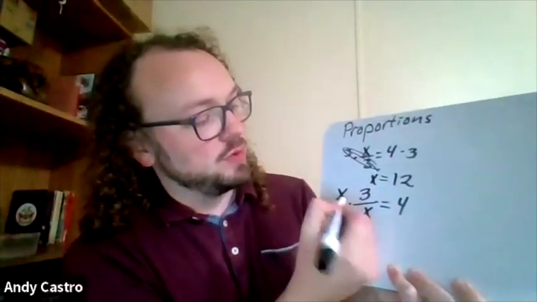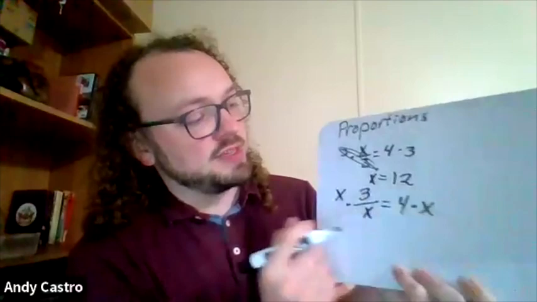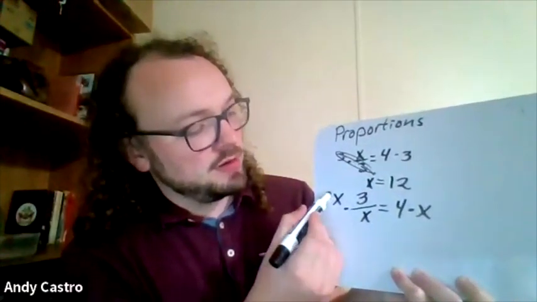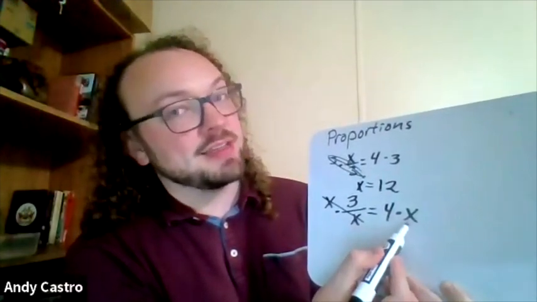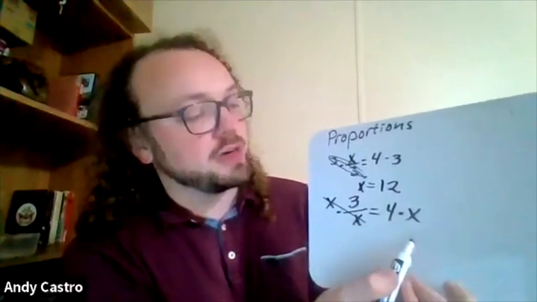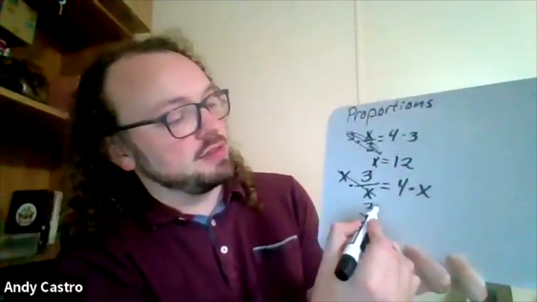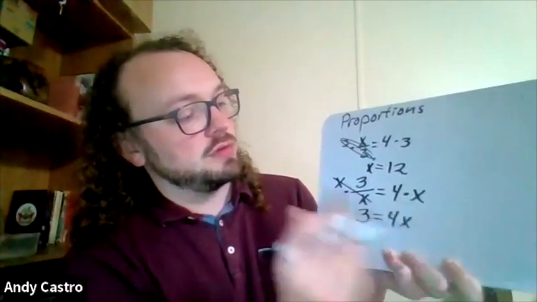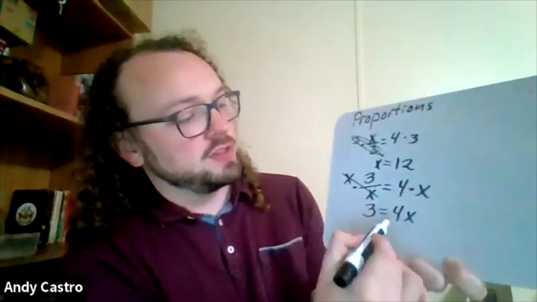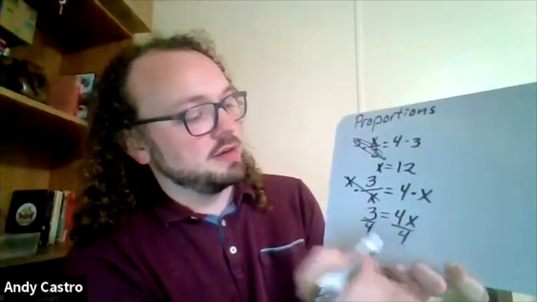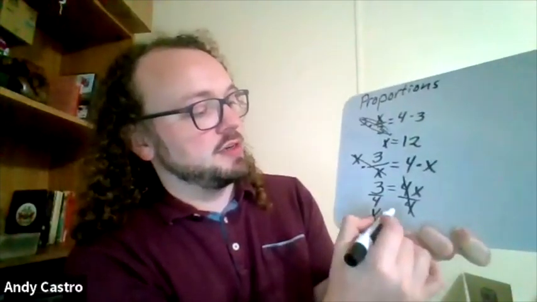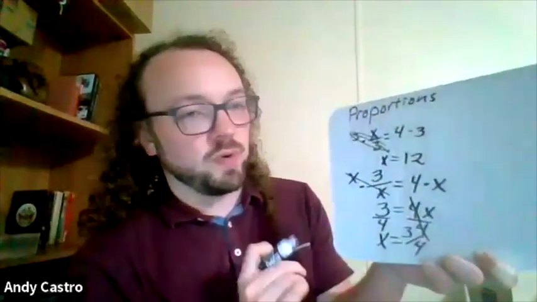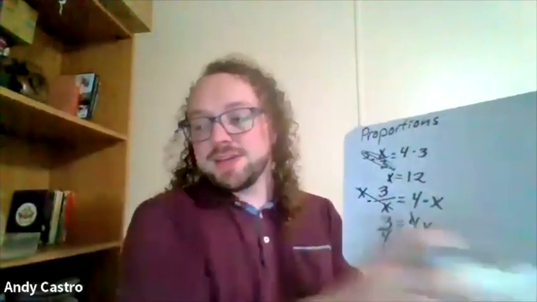If I multiply both sides by x, these two cancel out over here, and now I have x in the numerator. There's no fraction over here right now, and I'd have something like 3 equals 4x. And to solve that, I just need to divide both sides by 4. So those cancel out, and I end up with x equals 3/4. Okay, so that's how we can get a variable out of the denominator.